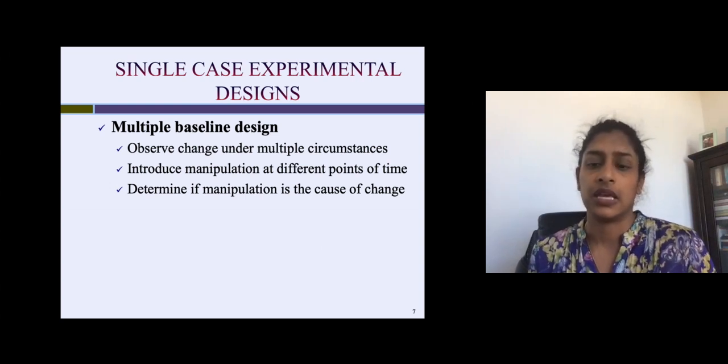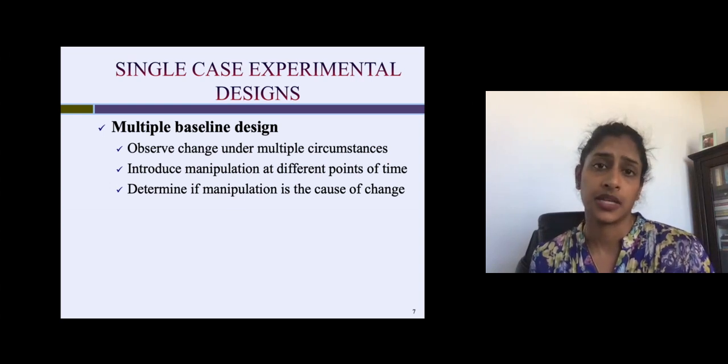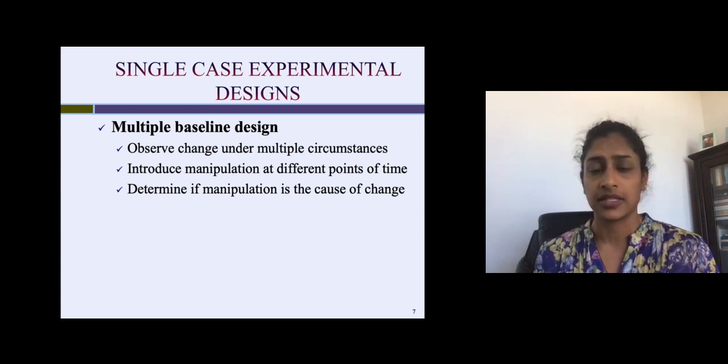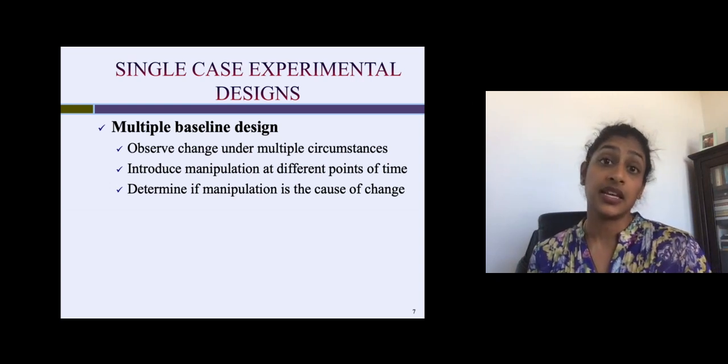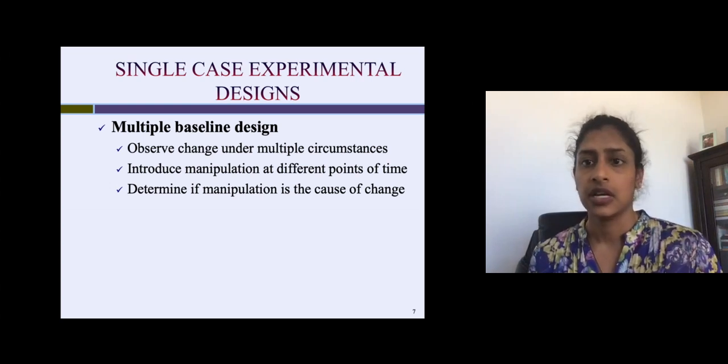Maybe it might even be unethical for us to do so. What can we do then? Well, in these types of studies, we actually can introduce our manipulation at different periods of time to see if we get a very similar change across different individuals.